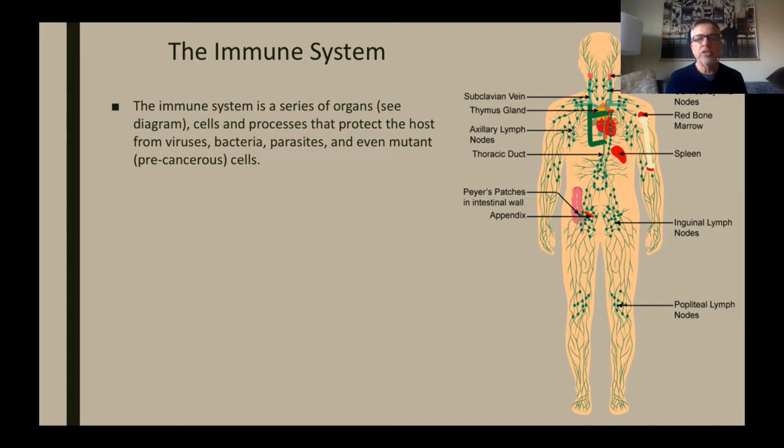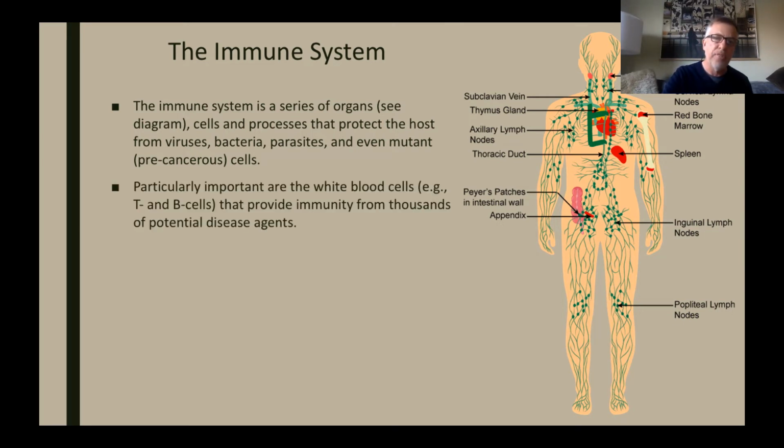The immune system is a series of organs, and you can see which ones in the diagram at the right, as well as a series of cells and processes in the body that protect the host from viruses, bacteria, parasites, and even mutant precancerous, and I should say also cancerous cells. So the immune system is very important in maintaining your health.